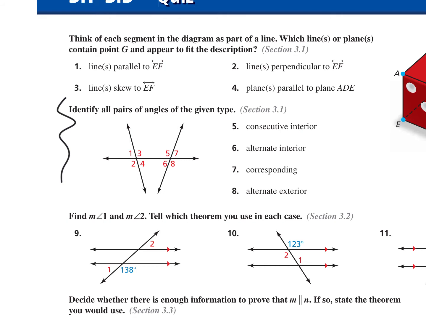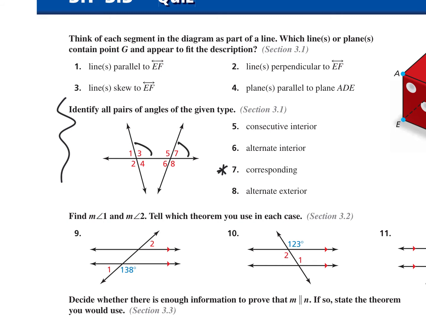For example, if you get the question and it says, find a pair of corresponding, there's actually 4 pairs here. If you give me a pair that's wrong, I'm going to mark the whole thing wrong. So just give me one pair, the pair that you're confident with. So for example, for the corresponding angle pairs, we actually have 3 and 7 that are corresponding.